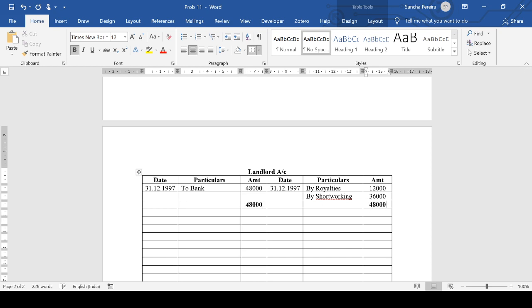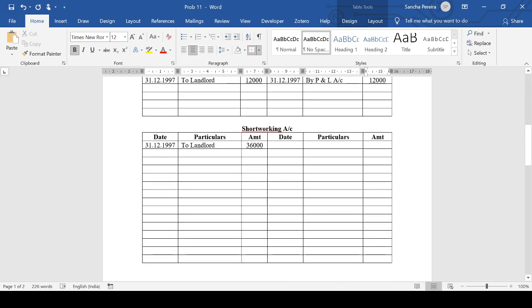Then we will have a balance carried down of 36,000. If you say by balance carried down, immediately bring down the balance: 1st January 1998, to balance brought down, 36,000.